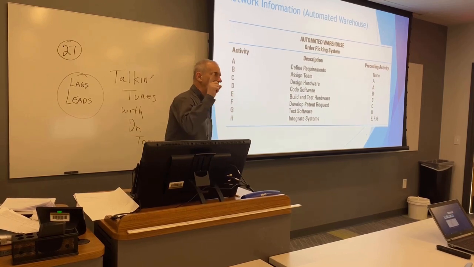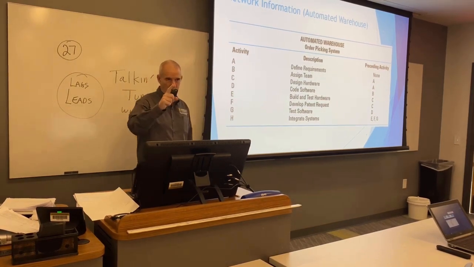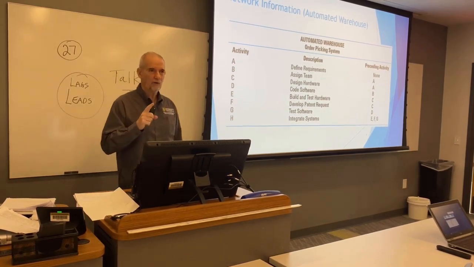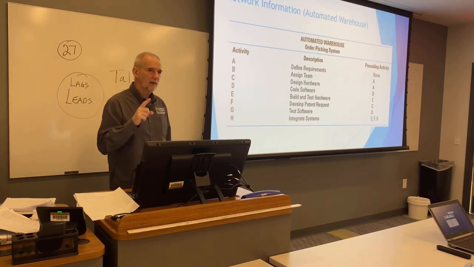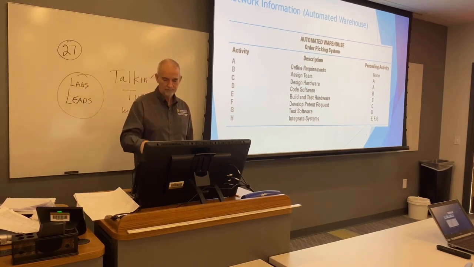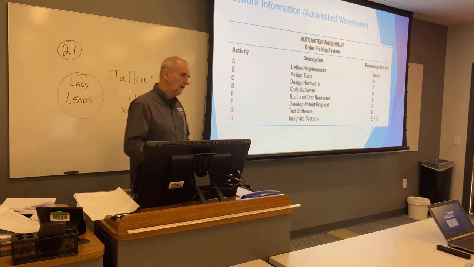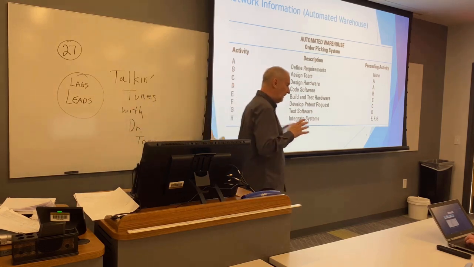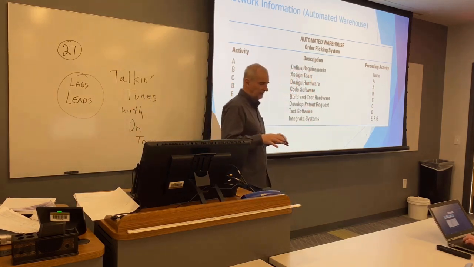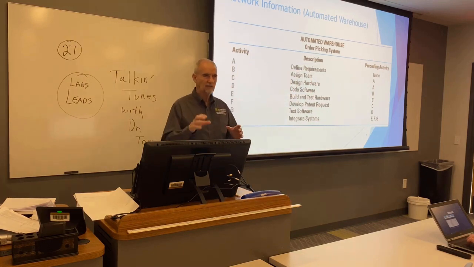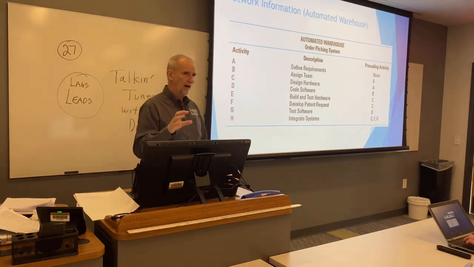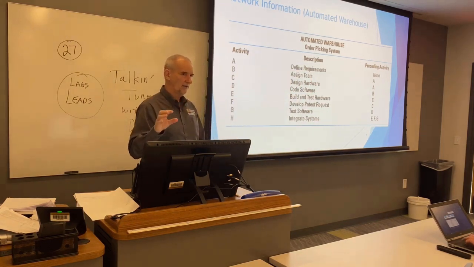Now, I want to take a moment and clarify something for you that gets people hung up sometimes. The beauty of the network diagram is there's something called a decoupling effect. Decoupling effect. Decoupling. Okay?